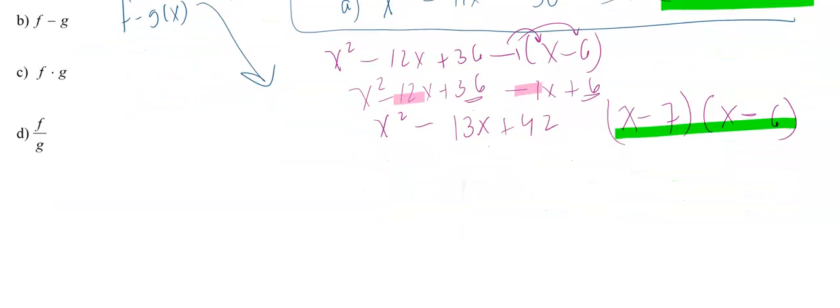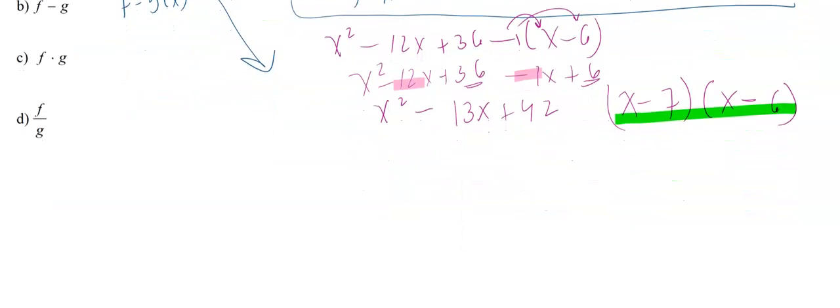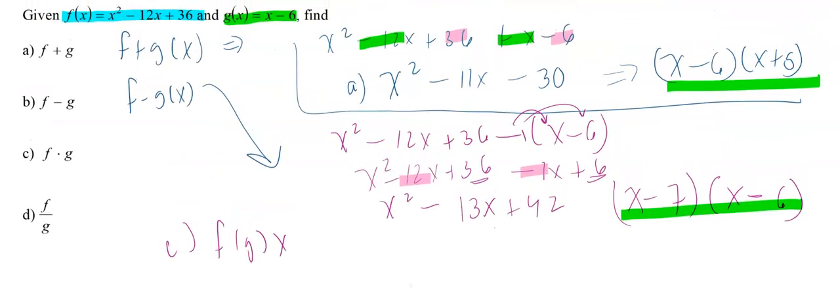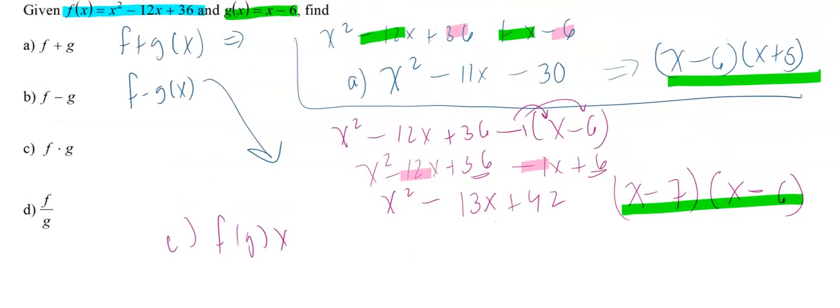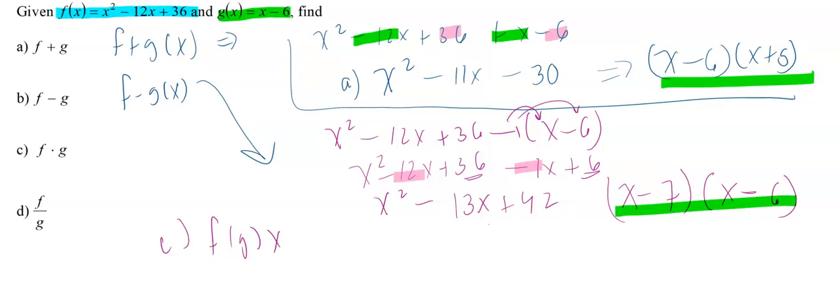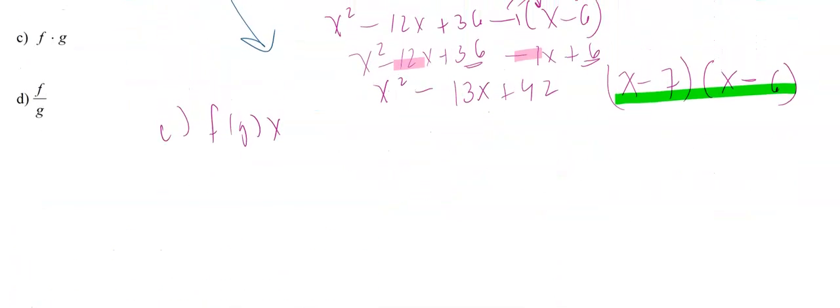And now we've got f times g of x. So I'm on the c part. F times g of x. And I got to go back up. Oh my gosh, this is my long one. So f times g of x is going to be x squared minus 12x plus 36.